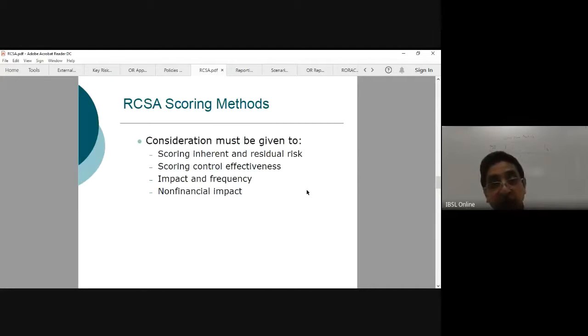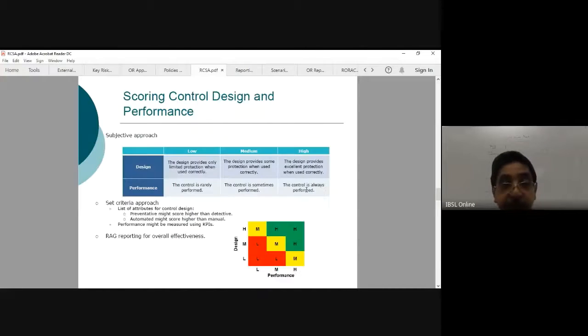So the controls are really evaluated on that basis.